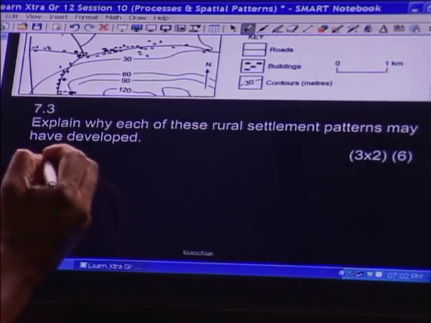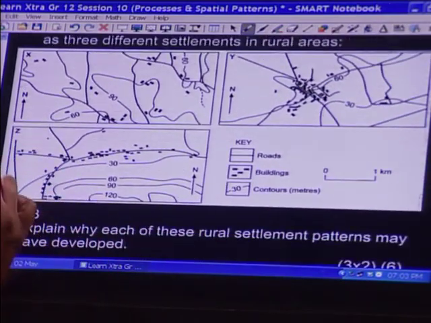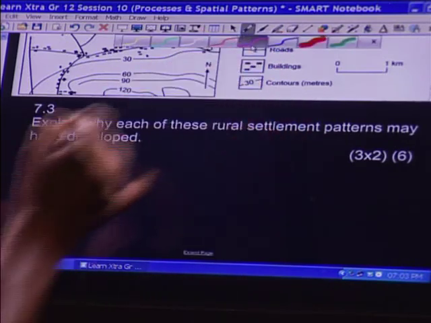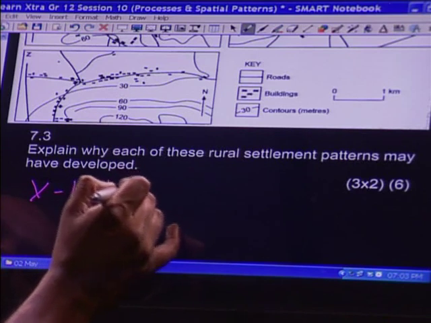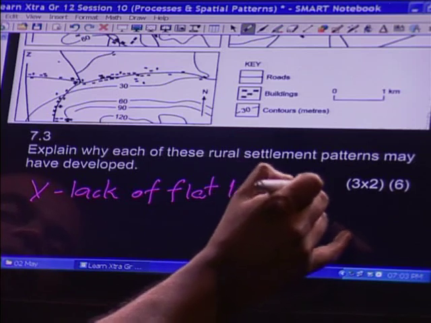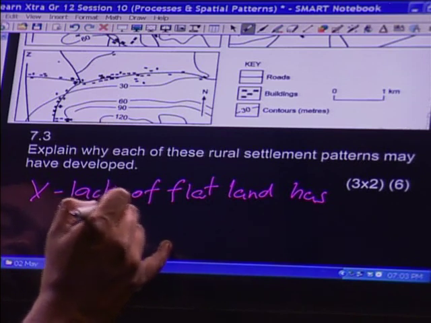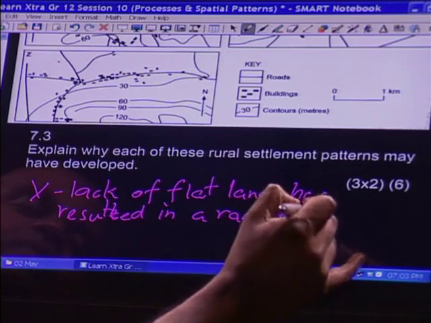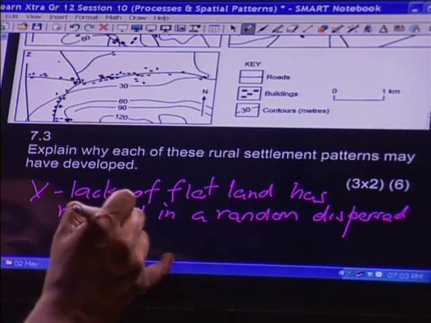So my answer for X is lack of flat land has resulted in a random dispersed pattern.